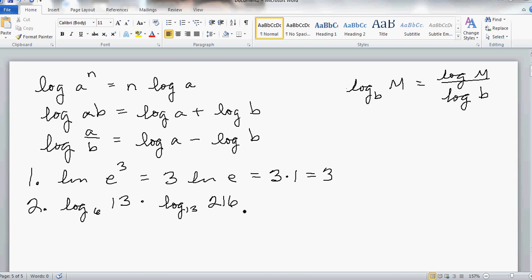Let's see, what can we do here? We can't really find anything that's helping here, but we might be able to split this up. I bet if we check 216, I bet 13 will go into that.